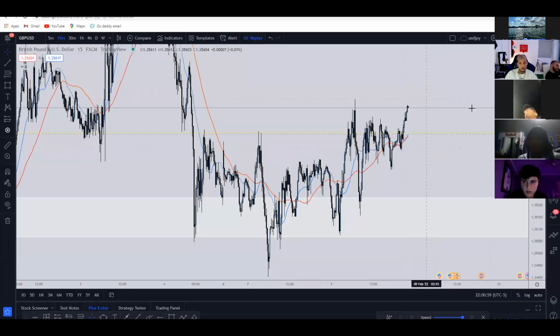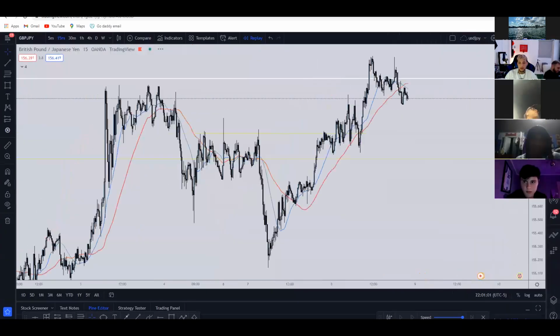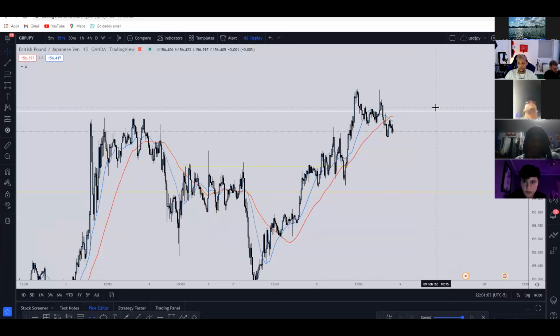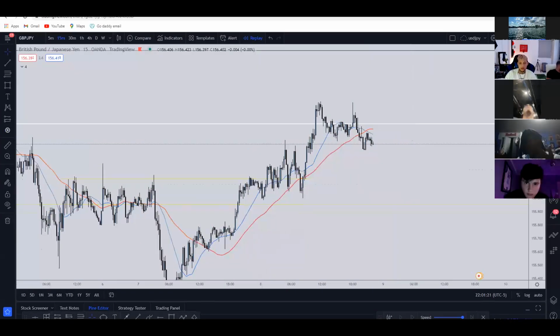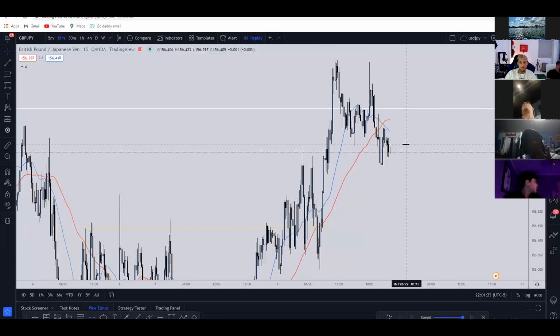Then I went on the 15 minute and I entered a buy after the bullish engulfing, at 2 a.m. I think, last night.